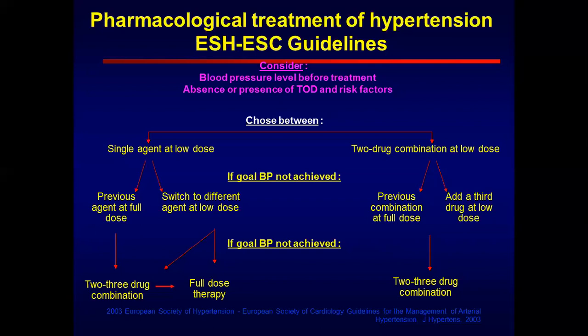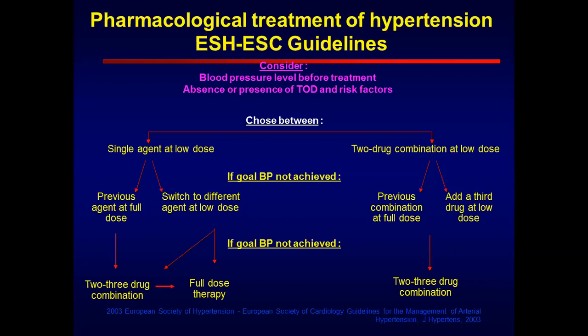use combination therapy. Why? Because you are using a little amount of one drug plus a little amount of another drug, so you avoid the side effects of both, and sometimes there is some synergism between the two categories of drugs.